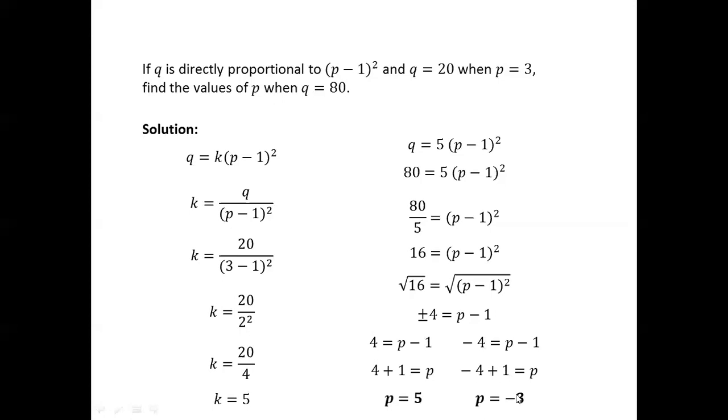Negative 4 plus 1 is negative 3. That means the two values of p when q is equal to 80 will be 5 or negative 3. Now, if you're not sure of the answers that you have arrived with, you can always do some checking, like this.